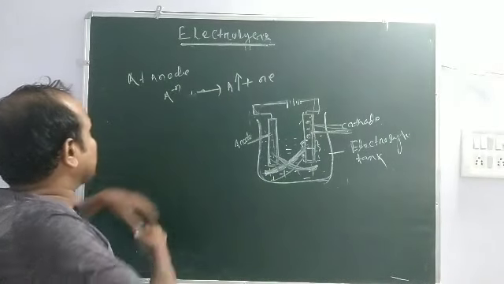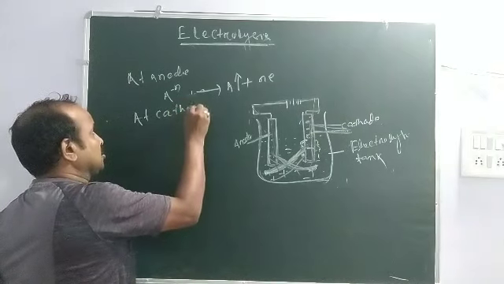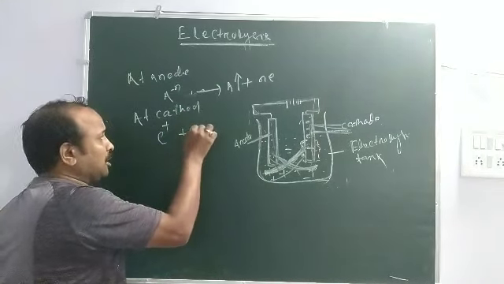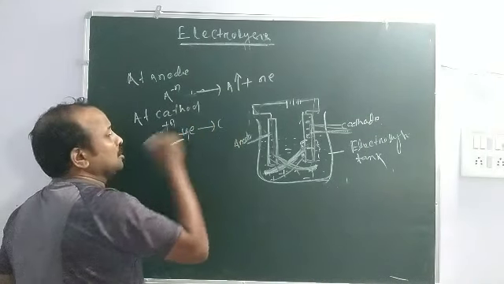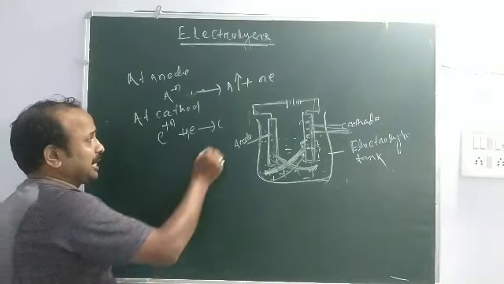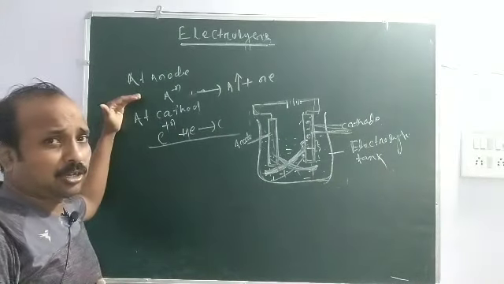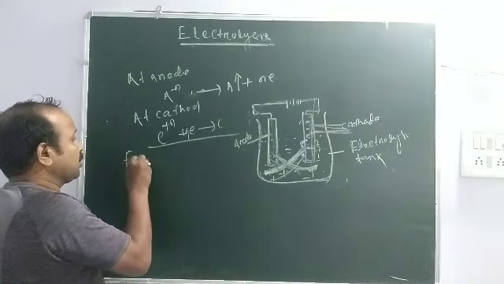Like that at the cathode, the positive ion, the cation, gains electrons. Suppose Xn+ gains n electrons and converts to the element X. This is called the electrolytic product of electrolysis.